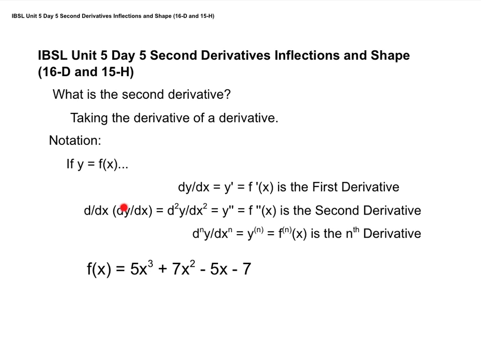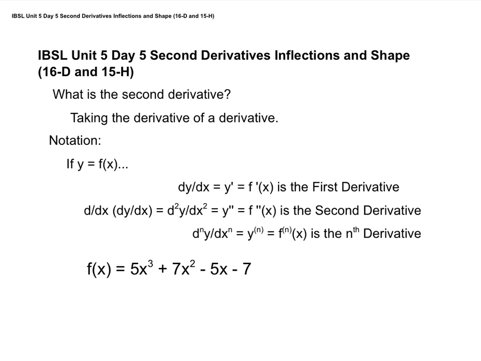If I take the derivative of the derivative, we use the notation d squared y dx squared, okay? That's the same notation as y double prime, or f double prime of x.